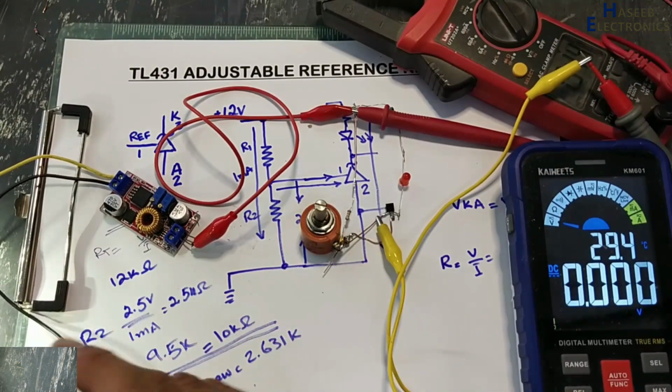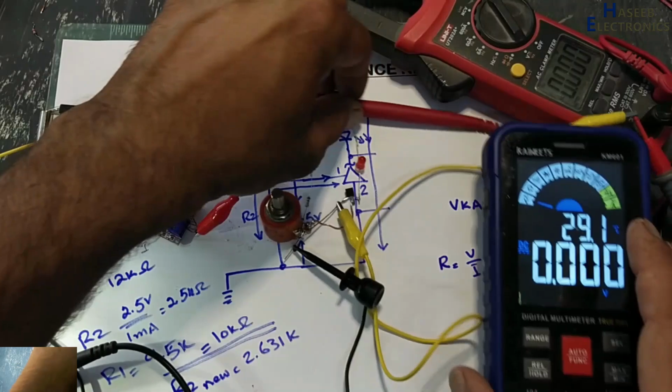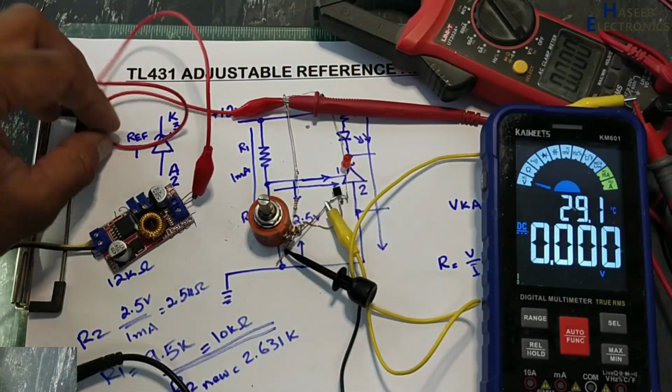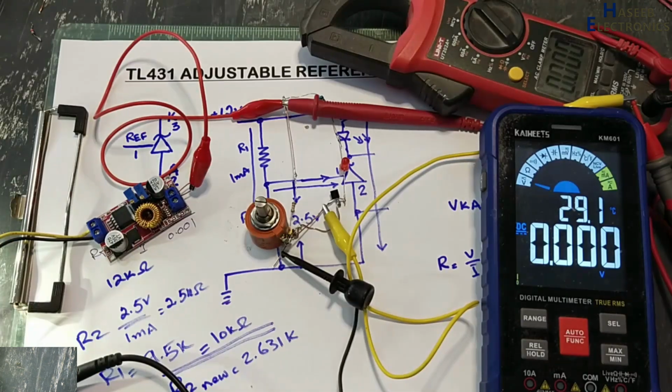Both multimeters' common will go to the power supply common. Input voltage, reference voltage. Now I will apply power.